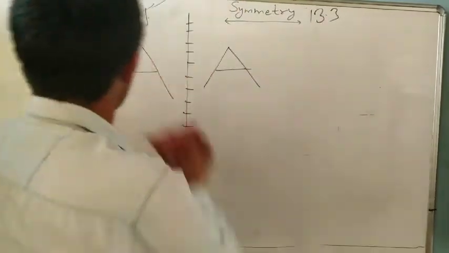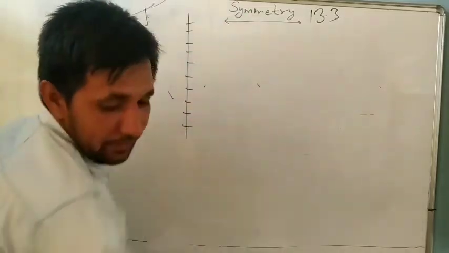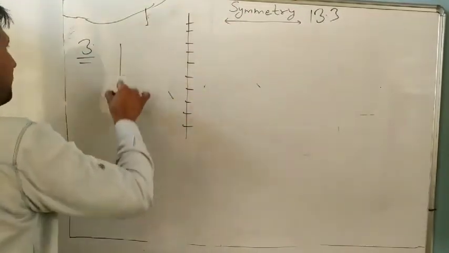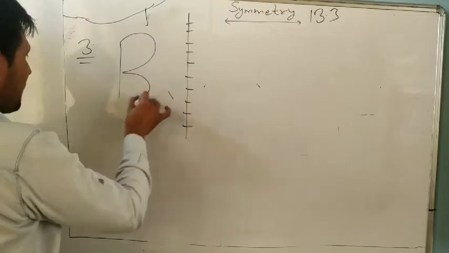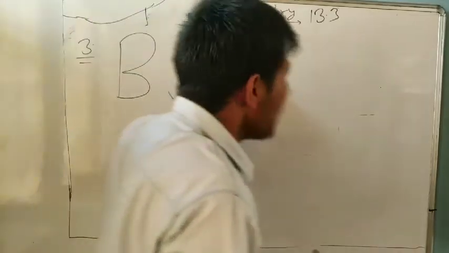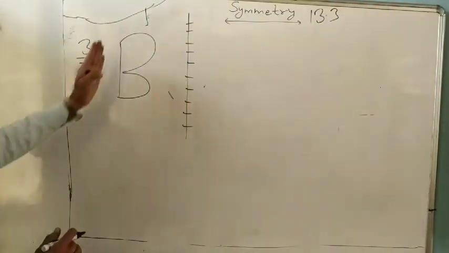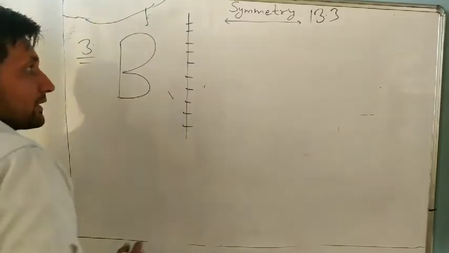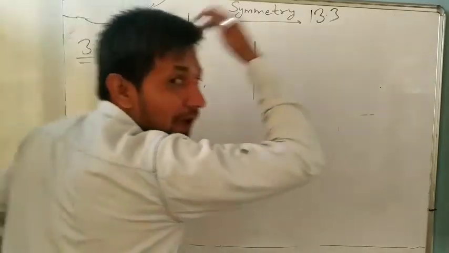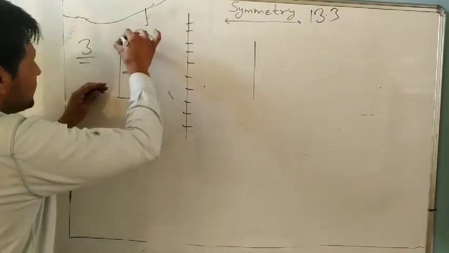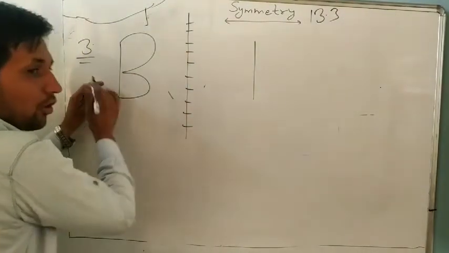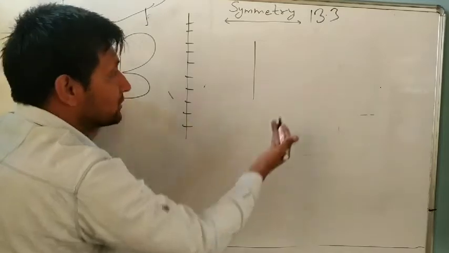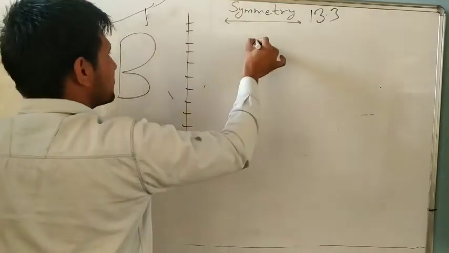Now B part. The mirror image of B is very important. We observe that this line is on the left side, so it becomes the right side. These circles are on the right side, so they become the left side.